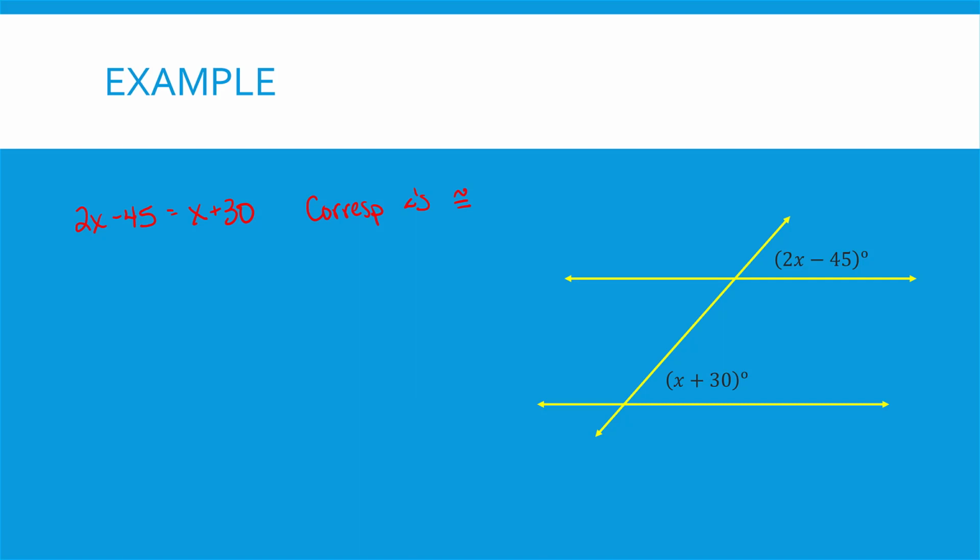So now I'll go ahead and solve. I'll move x to the other side, and then I'm going to move the negative 45 by adding to each side. So here we have x equals 75 degrees.